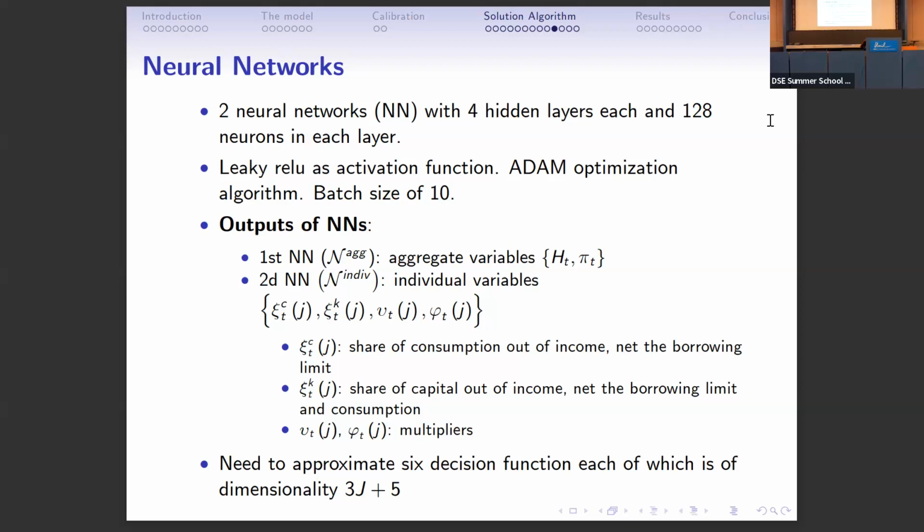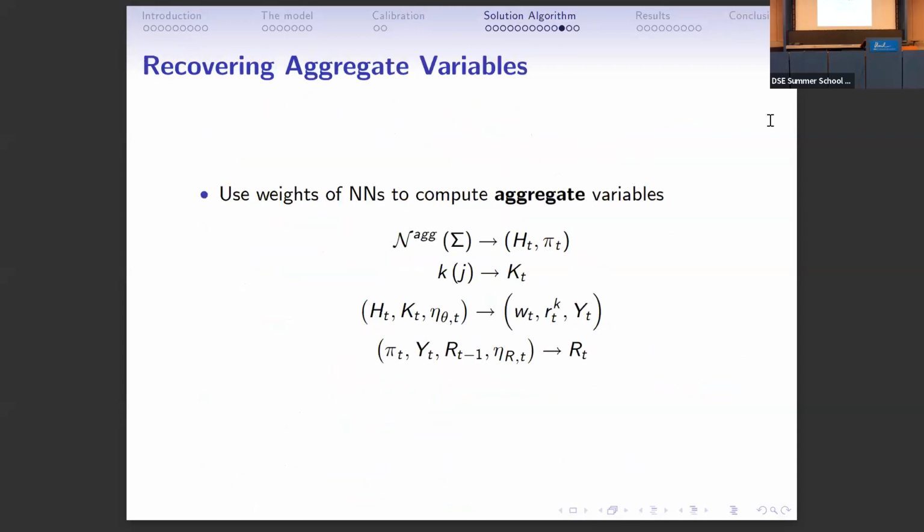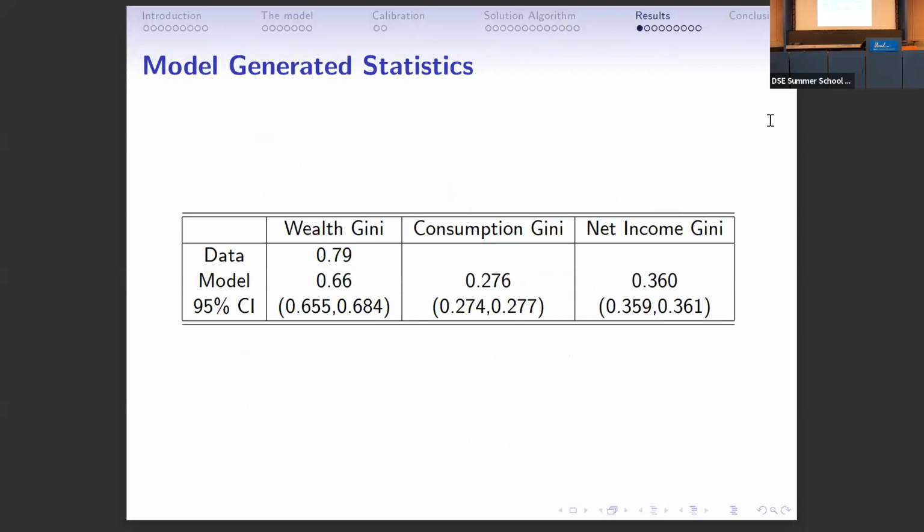In total, you have 3J plus 5 state variables. If you have 1,000 agents, this will be 3,005 state variables. Then you can sequentially recover all your variables if you train both neural networks for aggregate and individual variables. So this explains how to do it.